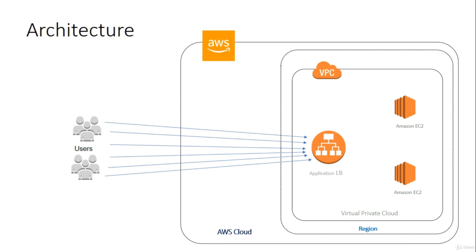So the application load balancer is right now getting, for example, 6 requests from 6 different users. Now it will go for load balancing, and it will distribute 3 to the first instance and the other 3 to the second instance. So this is an overall picture of what we did in the last lab.